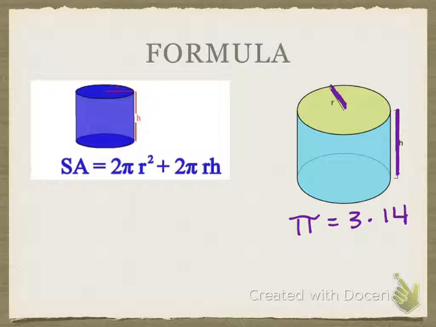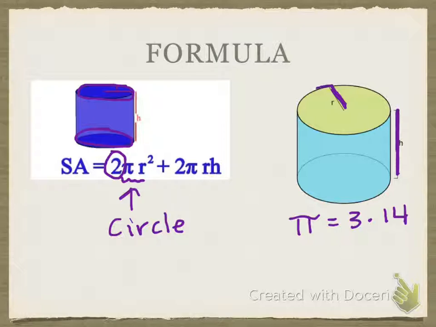But what do the actual parts of the whole formula mean? Well, you might recognize pi r squared as being the area formula for a circle. So we have 2 here because in a cylinder we have 2 circles, one on the top and one on the bottom.